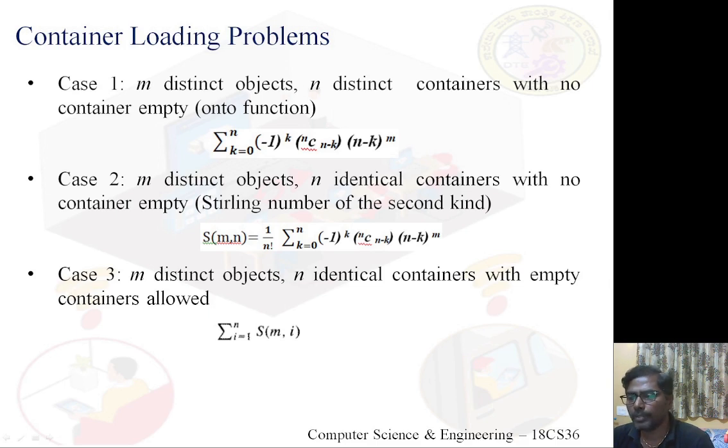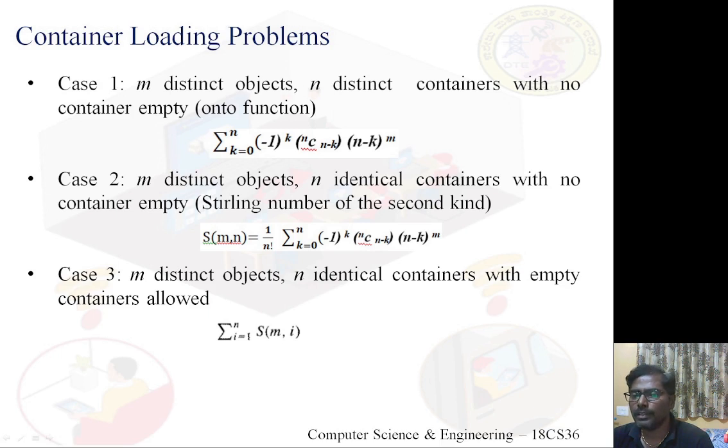And we know the number of onto functions that are possible from a set A with m elements to a set B with n elements is given by summation k equals 0 to n of (-1)^k times nCk times (n - k)^m. And this is the solution for case 1.